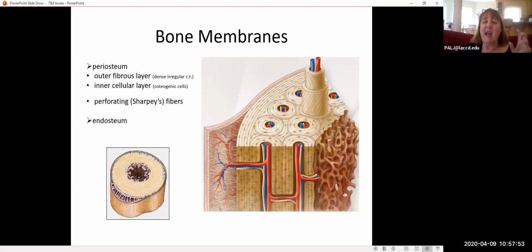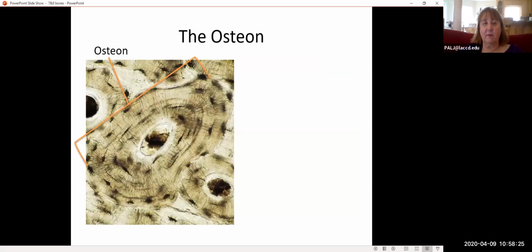We're going to call it endo, because endo means inside. So periosteum, two layers on the outside, endosteum on the inside. And that covers all of the spongy bone. As well, it's going to line any of these tunnels going through the compact bone. All the things that we're going to call canals are going to be lined by that endosteum.